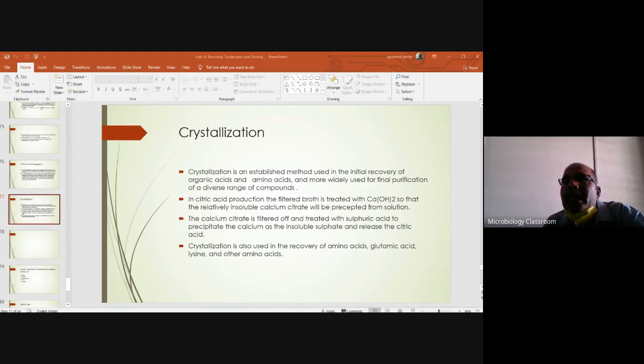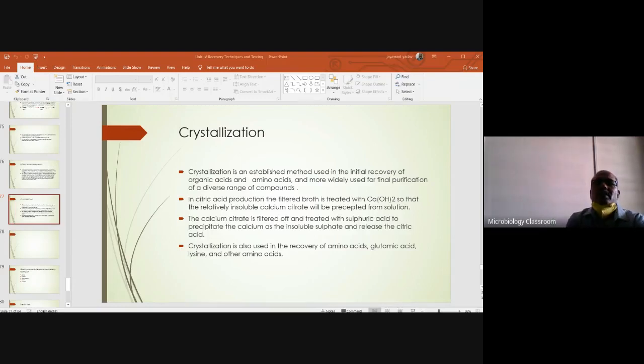Now we have completed the techniques which are mentioned in our syllabus for recovery techniques. That is, first we have seen filtration, then centrifugation, then flocculation.